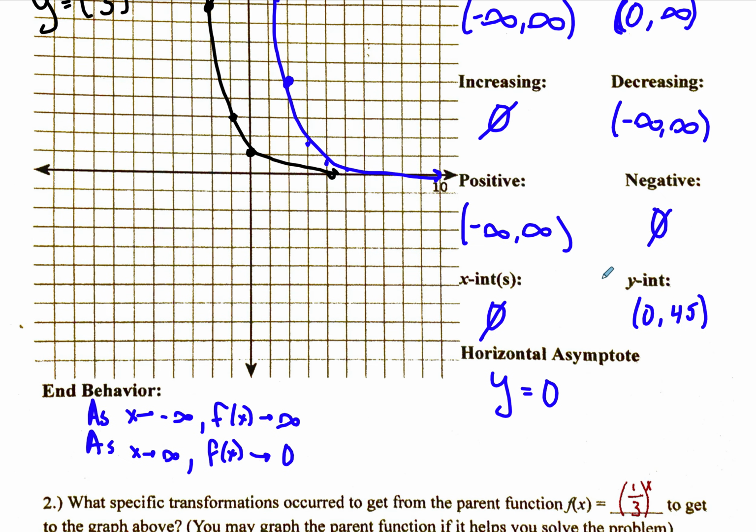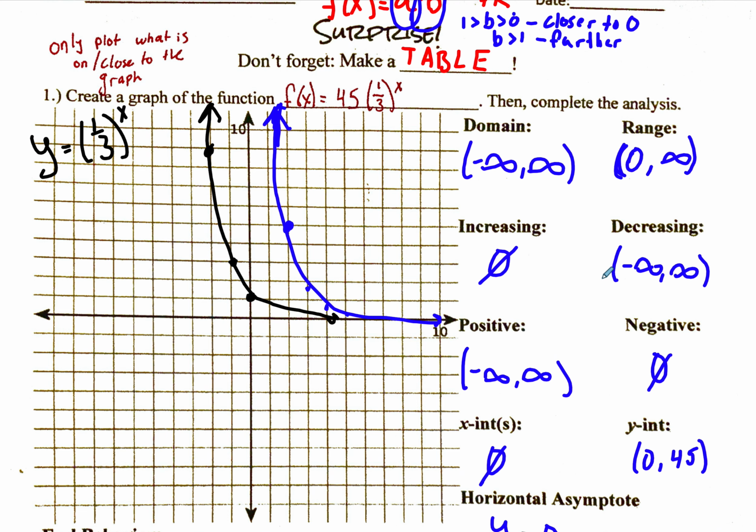Now, if you think about it, if I had 1/3 to the power of x, the difference between this function, the black, and this function, the blue, is that the outputs of the blue function are the outputs of the black function, but you've multiplied them by 45.